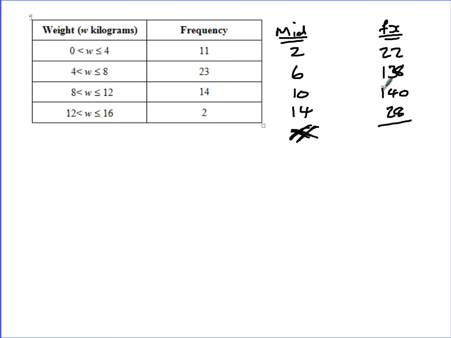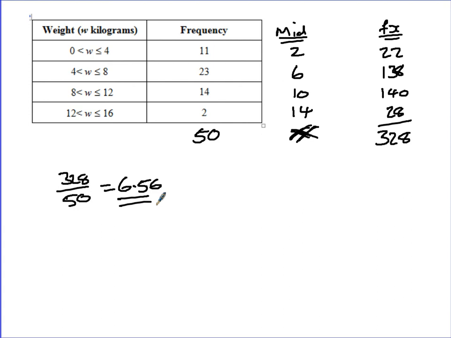That will then give you your total weight there, which is 328. There's 50 people, so 328 divided by 50 will then give you your estimate of 6.56.